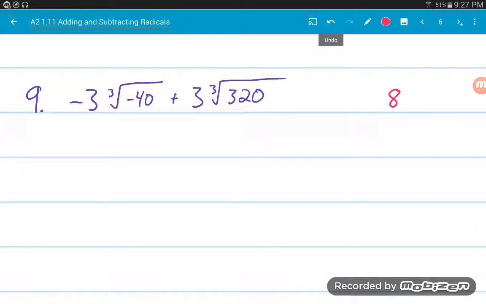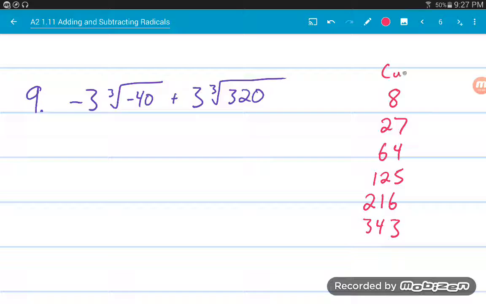It's 2 times 2 times 2. 3 times 3 times 3 is 27. 4 times 4 times 4 is 64. 5 times 5 times 5 is 125. 6 times 6 times 6 is 216. And 7 is 343. So these are the cubes.